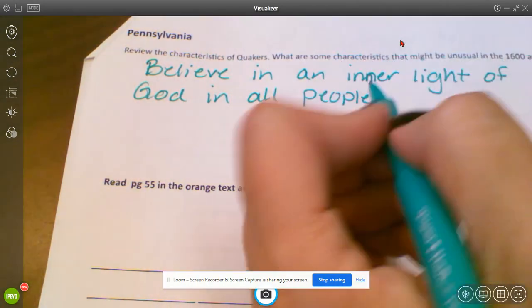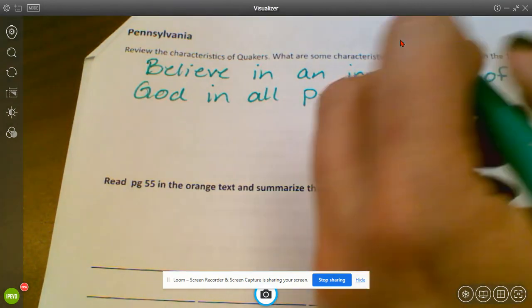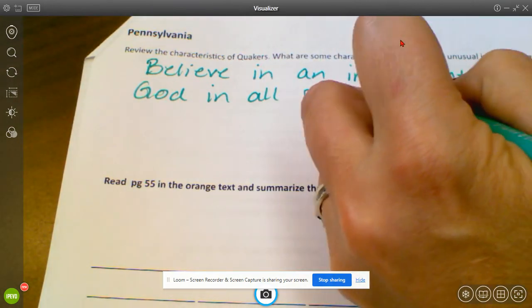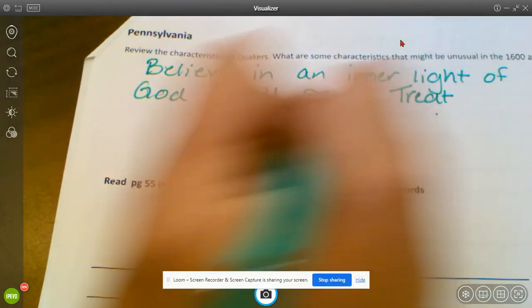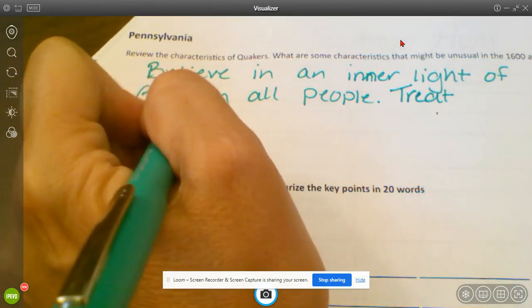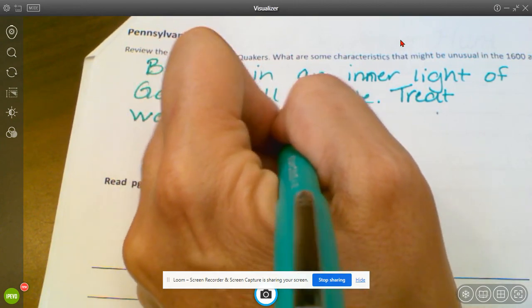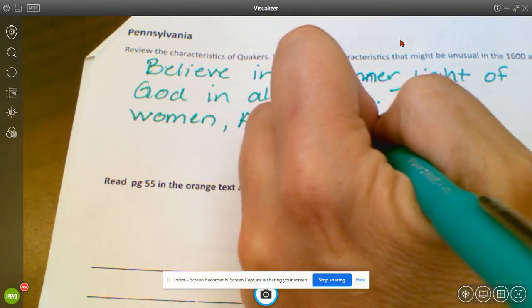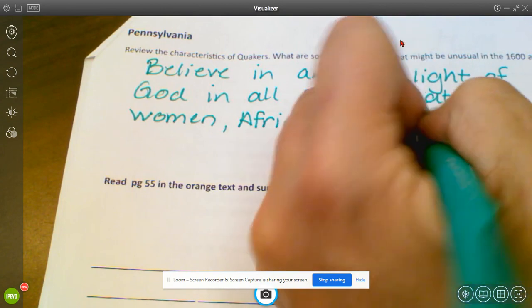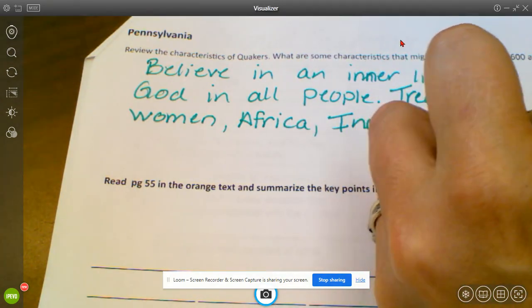And because of this inner light of God in all people, they believe that they should treat people like women and Africans, people from Africa, and Indians fairly.